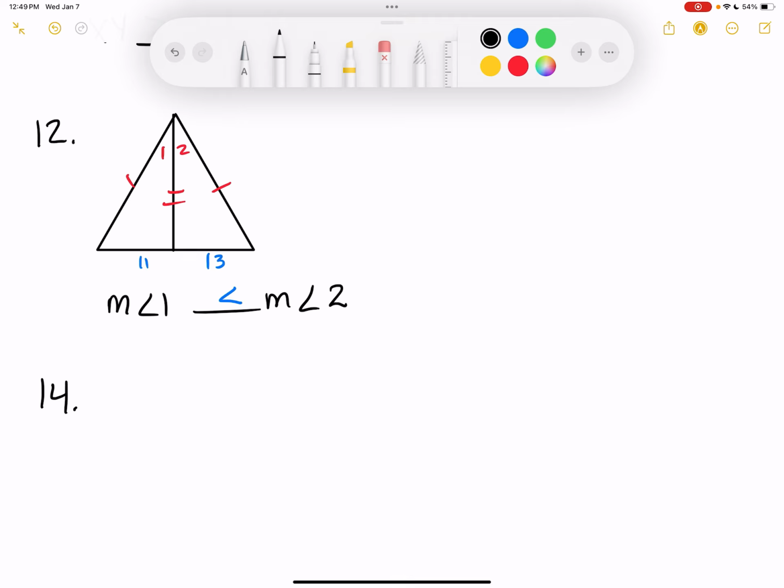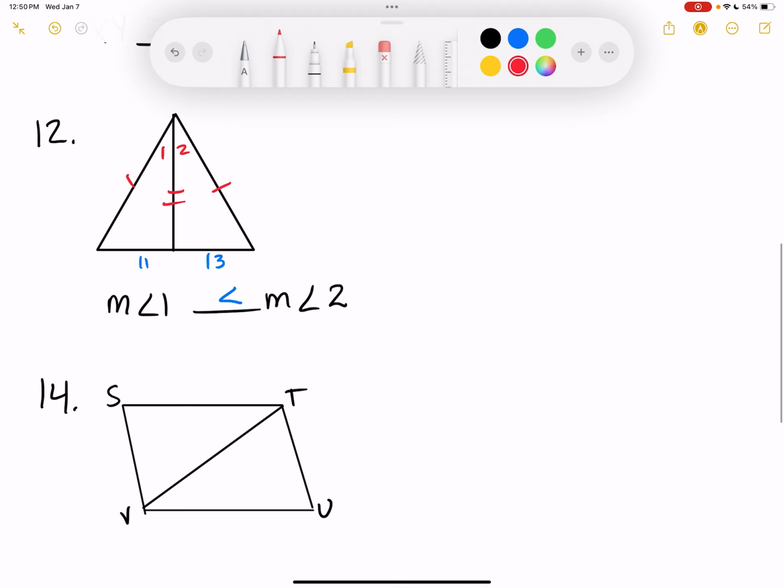14. All right, so this time we have, again, two triangles that are touching.